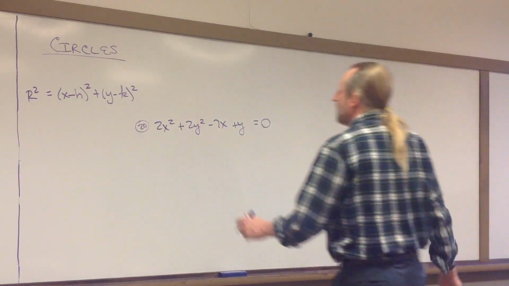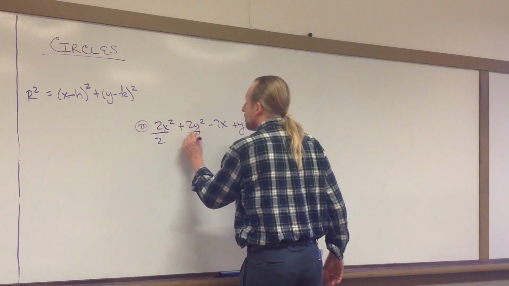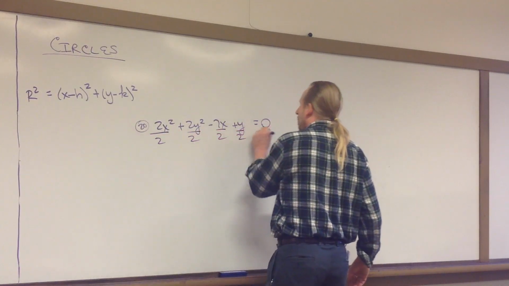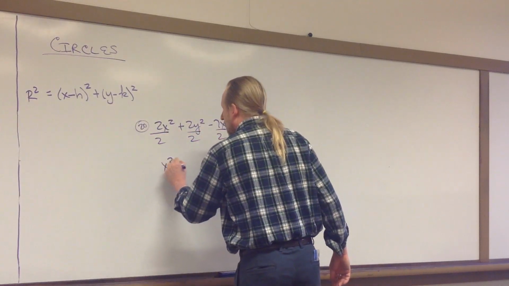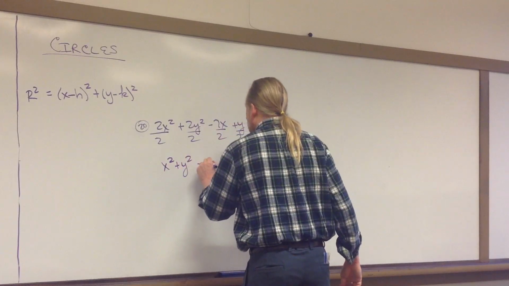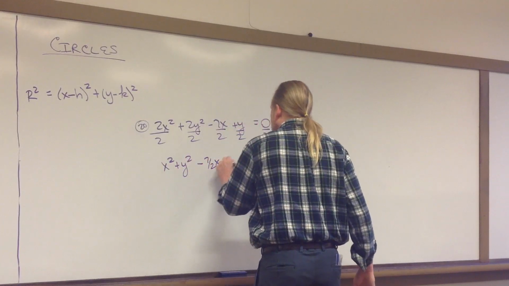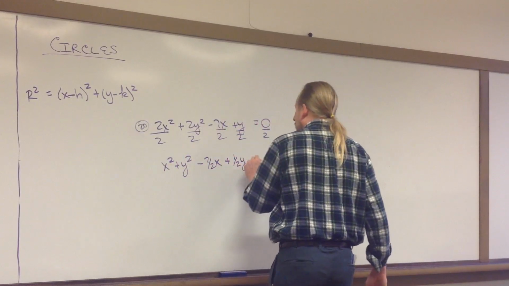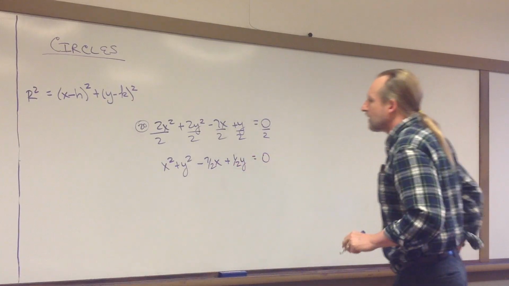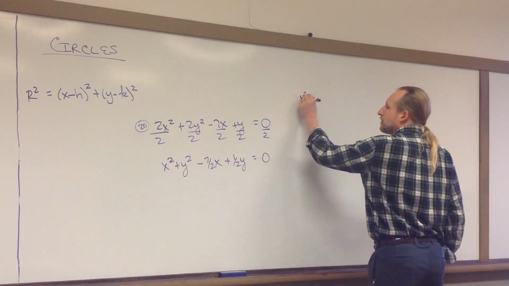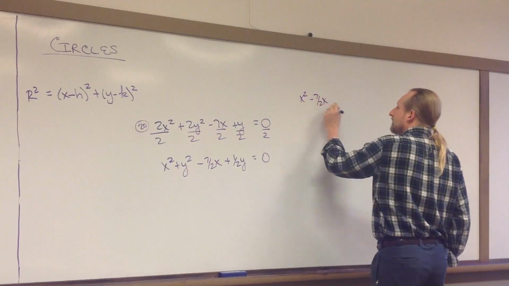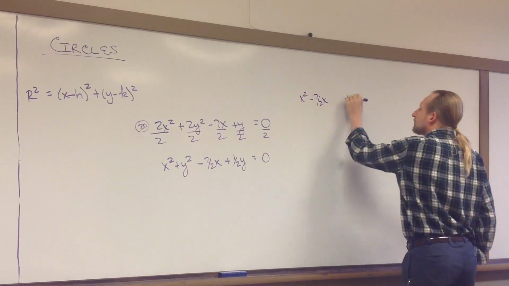Let's see, we've got to divide everything through by 2 here. So, x squared plus y squared minus 7/2 x plus 1/2 y equal to 0. Alright, so this is going to be x squared minus 7/2 x, leave a space.